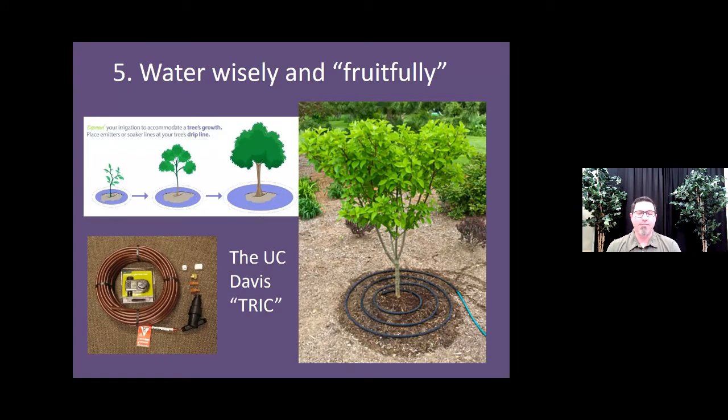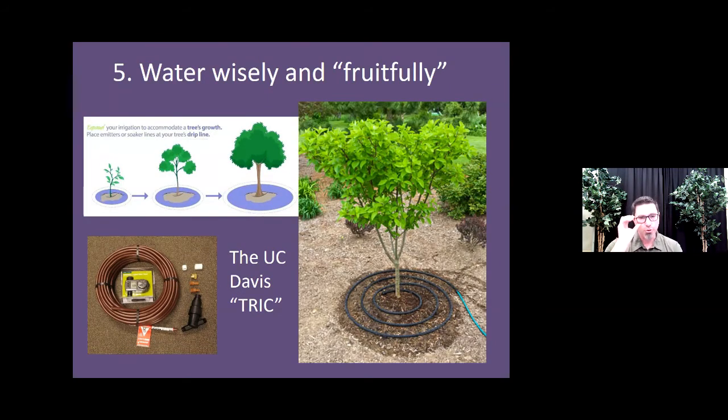I've diagnosed literally thousands of problems in my career here in Placer and Nevada counties. Watering is the main issue with plants not doing well. Many times it's overwatering, but it can also be underwatering.